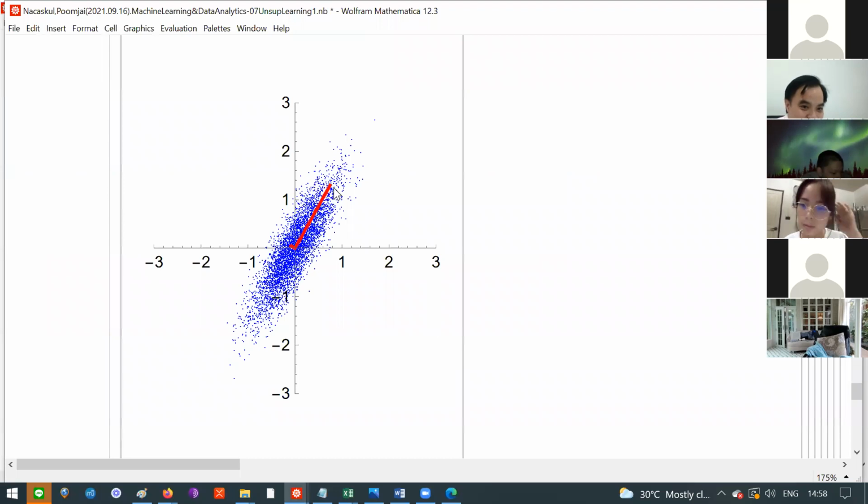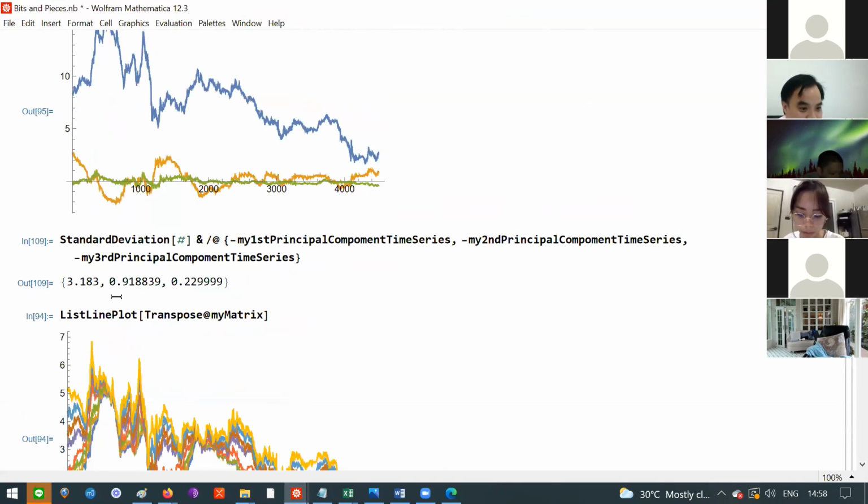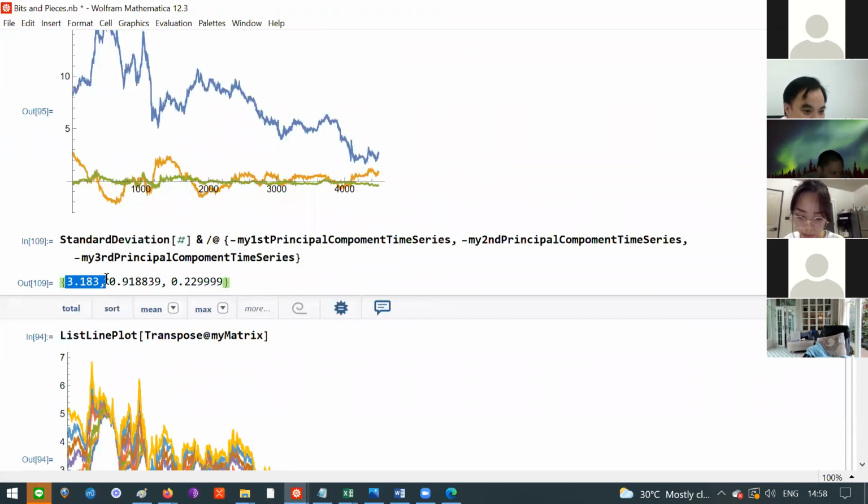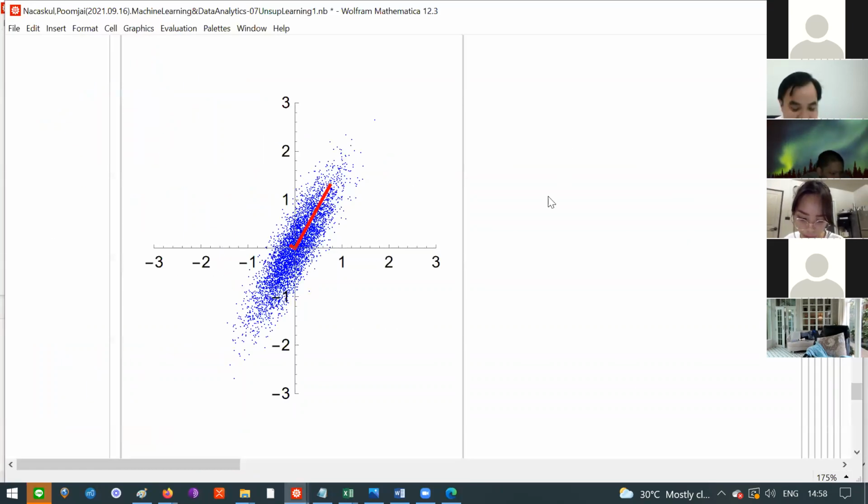If I take the projection along this line, it's going to have the greatest standard deviation, as you notice. If I take the projection along the second principal component, I'm going to have a smaller standard deviation. Now this one I can only go to 2 because the original data is 2.